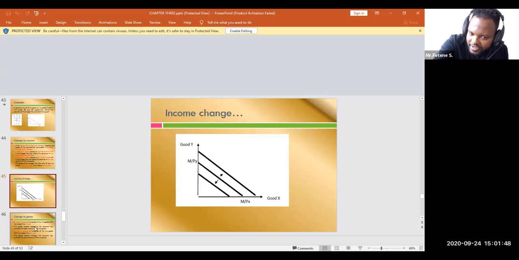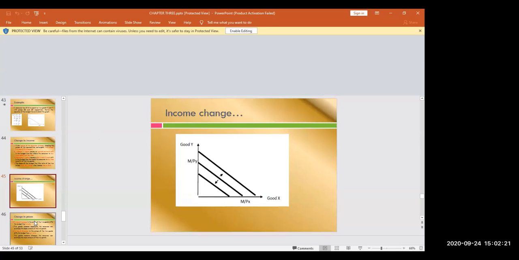Then our purchasing power decreases, and we buy less y and less x. So, with price constant, a change of income shifts the budget line up and downward. Purchasing power is clear.